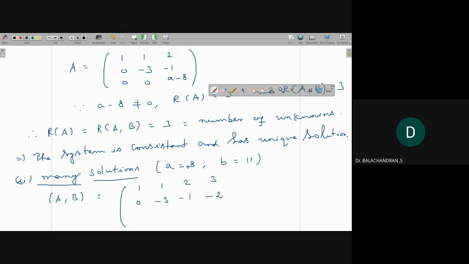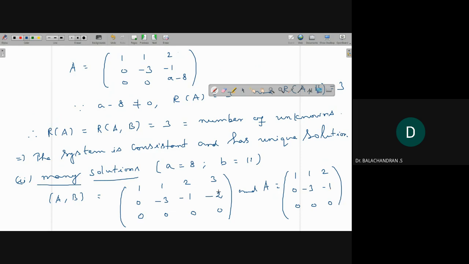Then 0, 0, A minus 8, which is 0 when A is 8, and B minus 11, which is also 0. And A is 1, 1, 2, 0, minus 3, minus 1, 0, 0, 0.